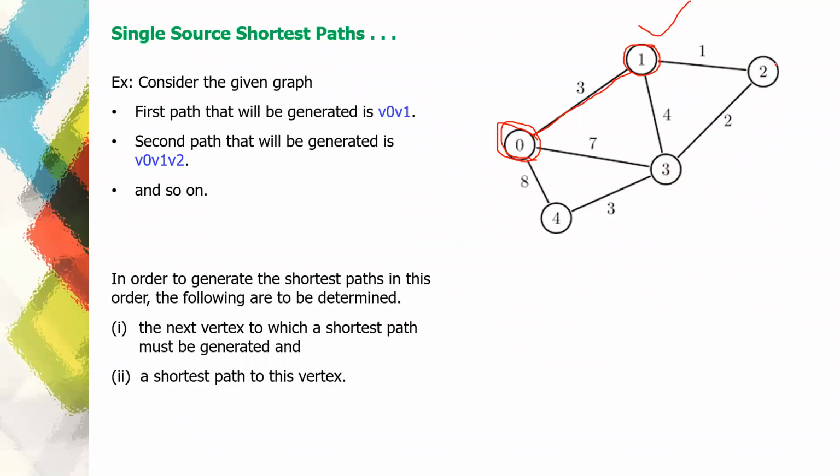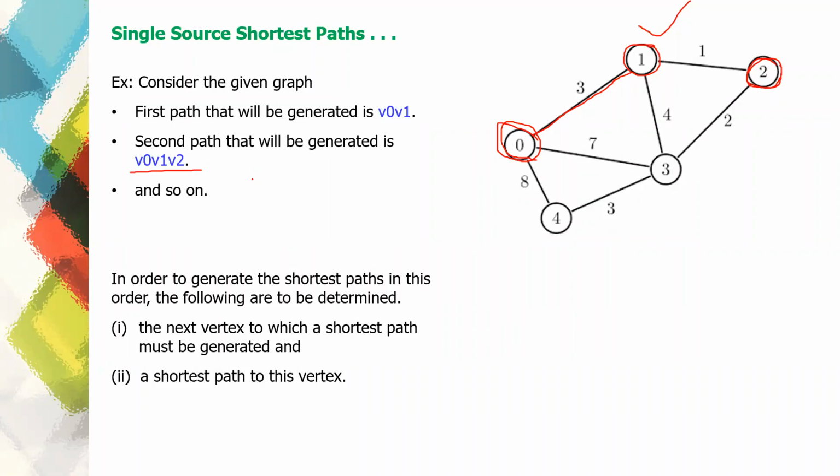Then I can see that vertex 2 is the one that is nearest to vertex 1. So the next vertex that I'm going to select will be vertex 2. And the path I have generated is V0, V1, V2.